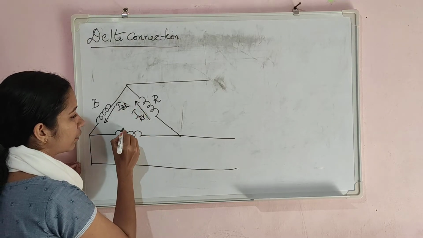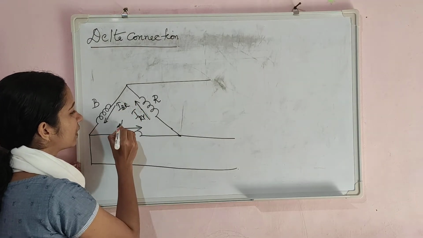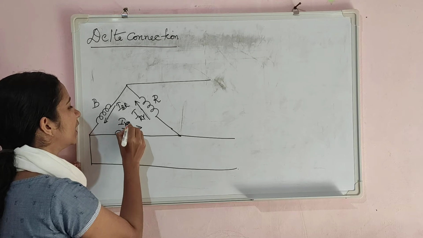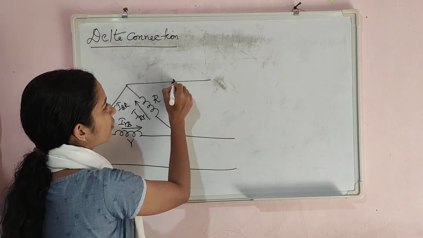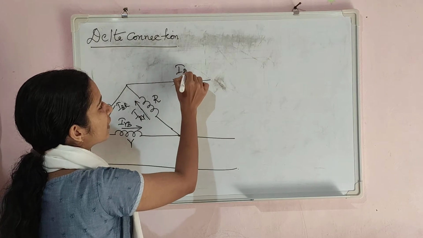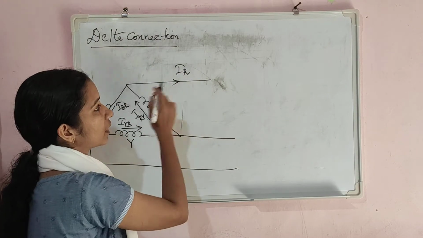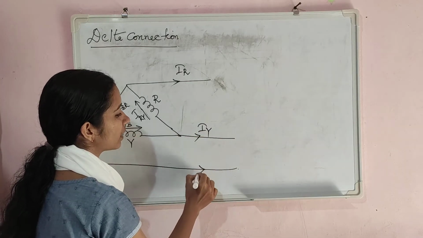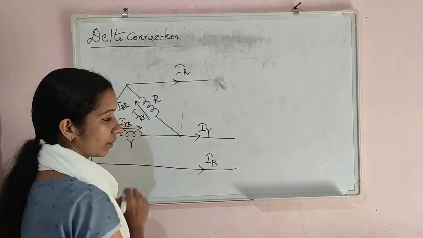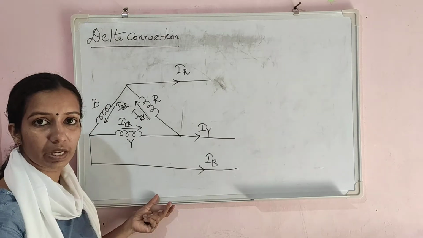And the current flowing through the Y phase is IYB. So these are the three phase currents, and the current flowing out through this junction is IR, this is IY, and this is IB. So this is how the currents are marked.